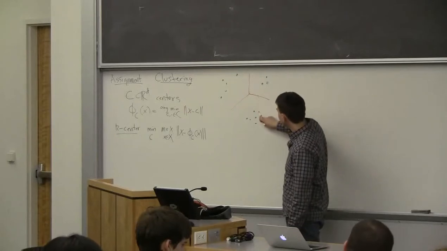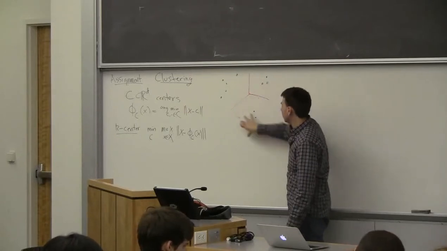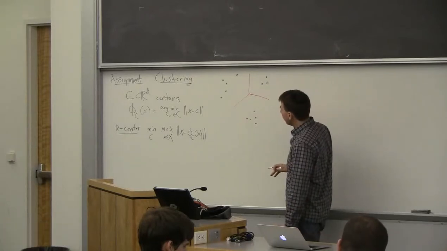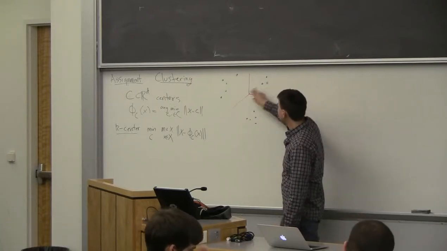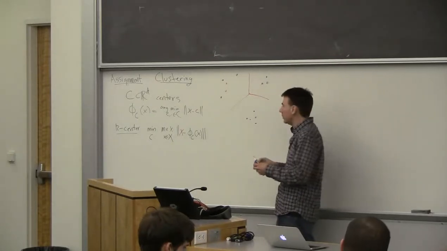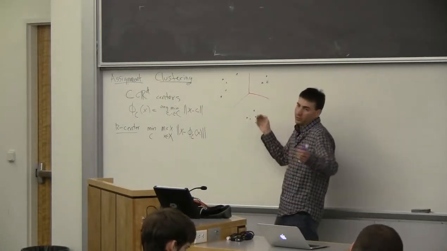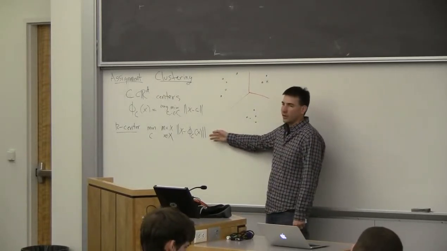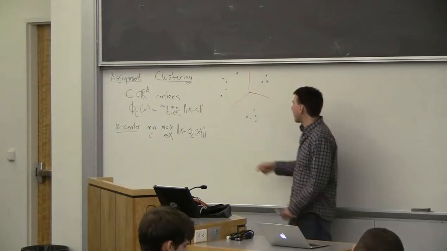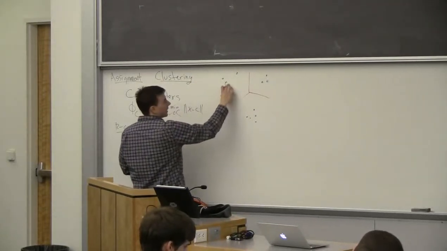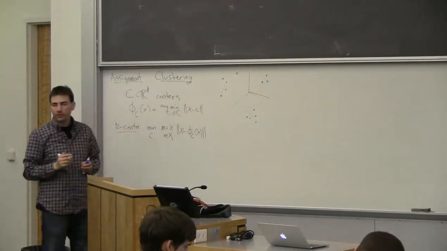All the points which are closer to this center than any of the other centers are in this cell, so these are in this cluster. Just by defining these center points, I've defined the clusters. It's a compact way of doing it, and you can assign labels to all of these if you want as well. So K-center tries to minimize the maximum distance, which may be this furthest distance here from any of the centers to any of the points.